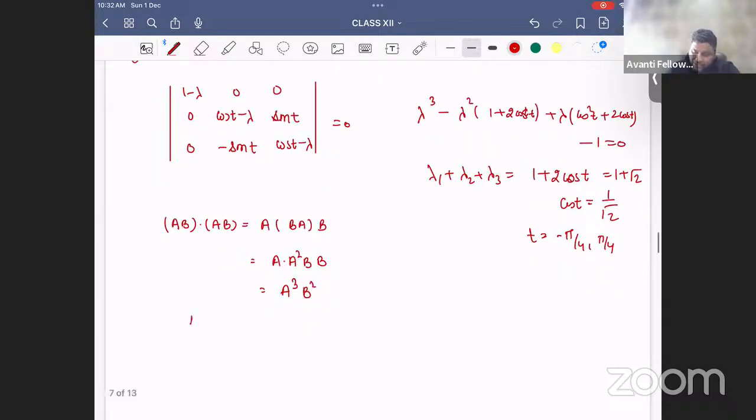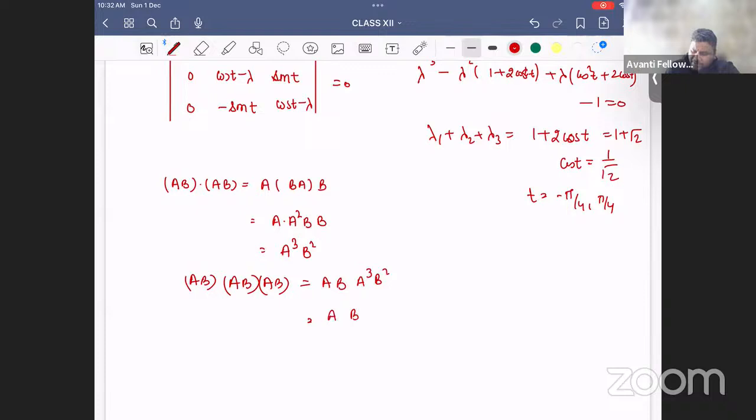Similarly, if you do AB, AB, AB, what do you get? A, BA, I can write it directly. This is A, B into A cube B square. Now write it as BA into A square B square.